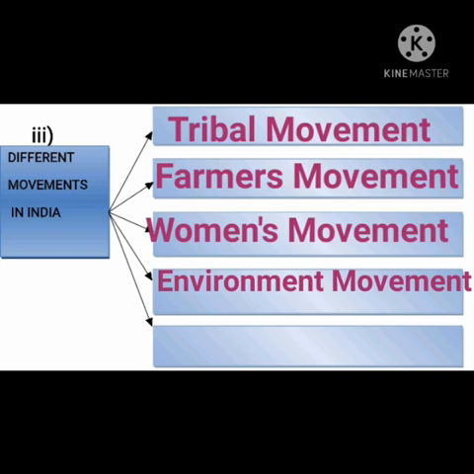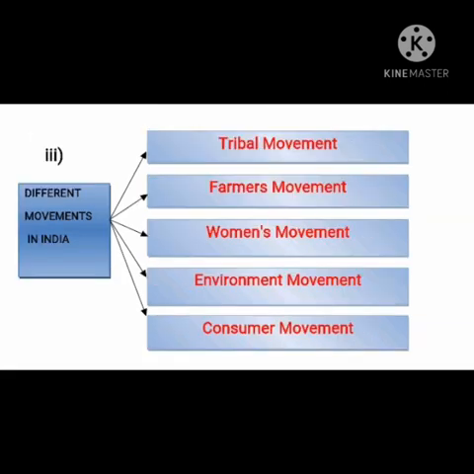And in the last box, consumer movement. Don't go for the trade union movement. There is a lot of confusion in it. It is also asked as a labor movement or workers movement. So better don't go for that confusing question. You have other choices: tribal, farmer, women, environment and consumer. So go through these movements only. Write down the answer of this web which I have given.